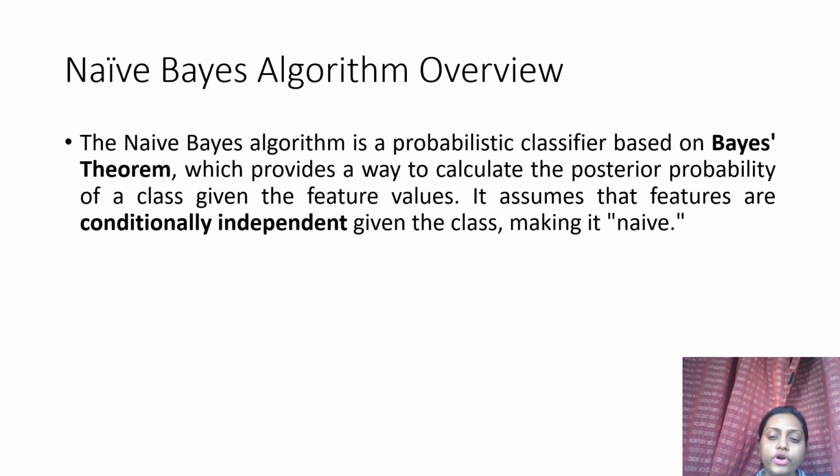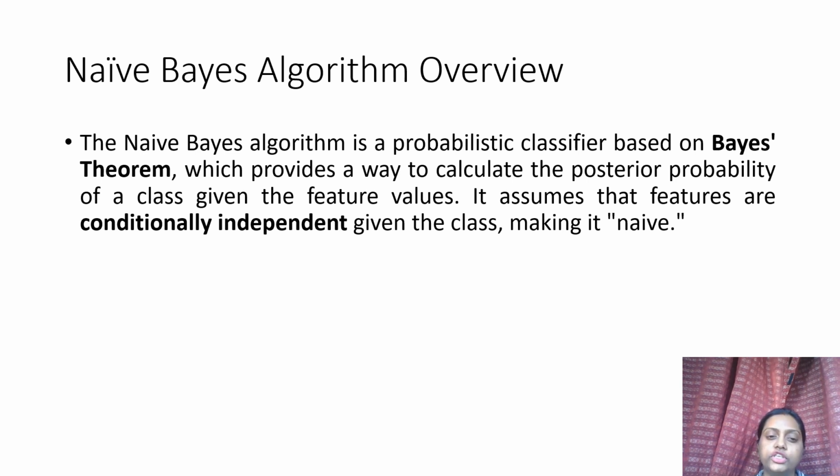Before looking inside the naive-Bayes algorithm, it is better to know the overview of it. The naive-Bayes algorithm is a probabilistic classifier which is based on the Bayes theorem. What is Bayes theorem? That will be discussed in the next slide. Before that, it calculates the posterior probability of a class given the feature values.